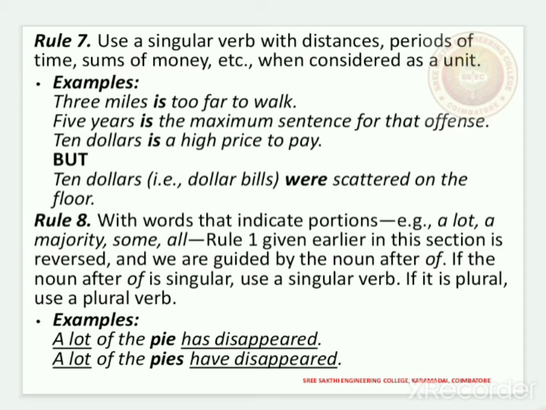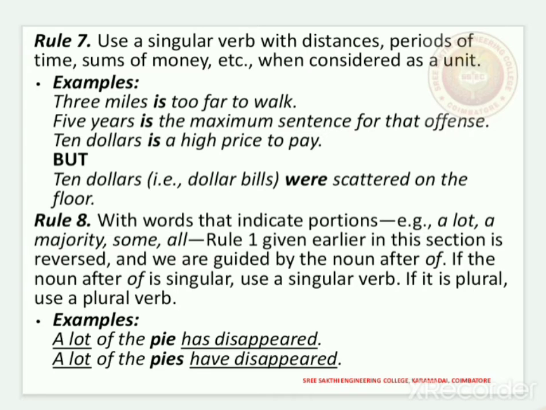Okay, so rule number 8. With words that indicate portions, for example: a lot, a majority, some, all. Okay, so rule number 1, as said early in this section, is reversed, and we are guided by the noun after of.